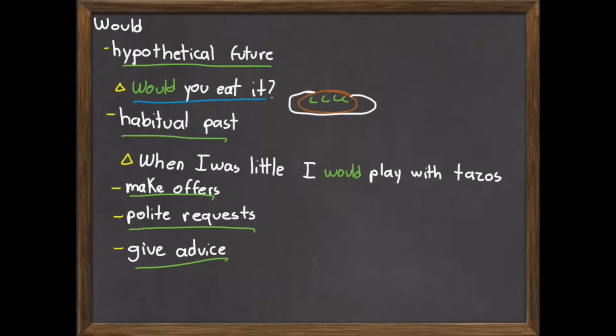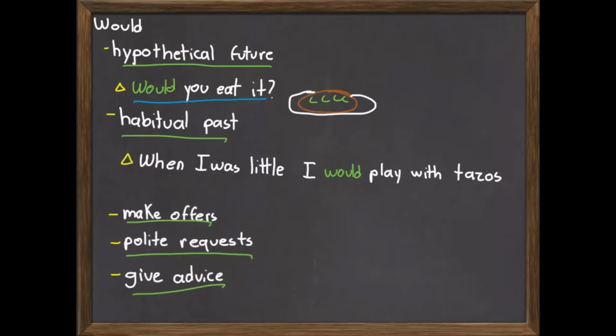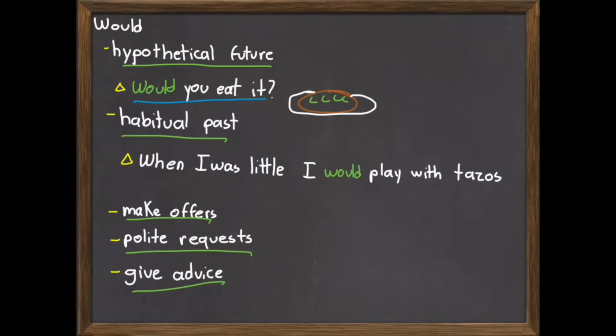Now, there are other ways we can use these. For example, to make offers, make polite requests, and we will look at how to give advice with would. First, how to make offers. Would you like some water? That's an offer. Would you like some water?